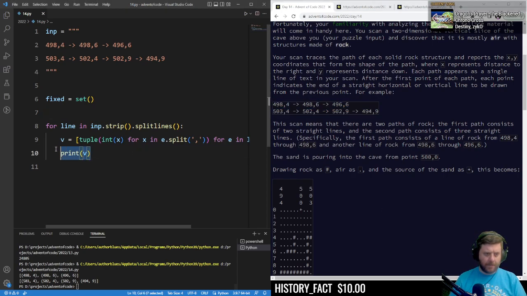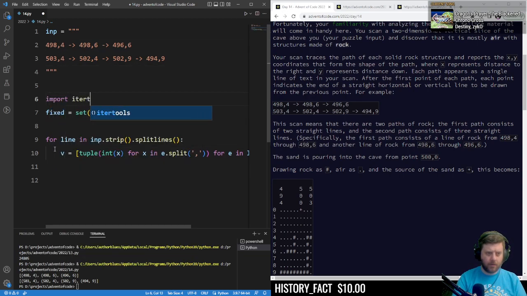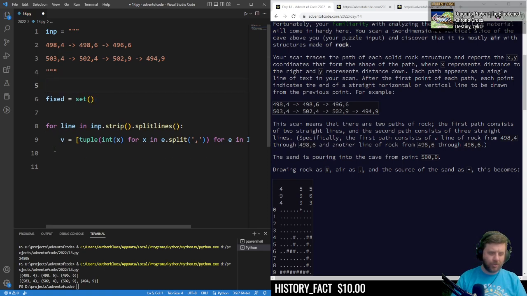Cool. And so now I actually want to pair them off. I can do this with itertools, but it's just as easy for me to do this normally, right?